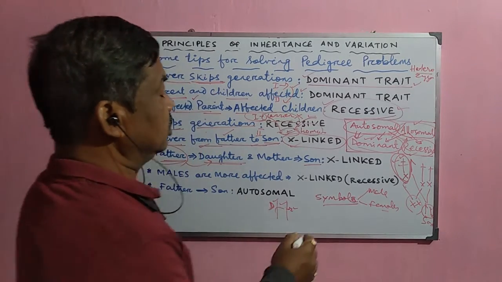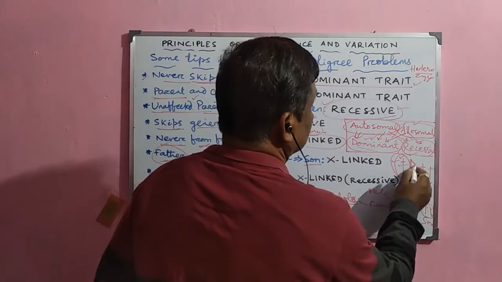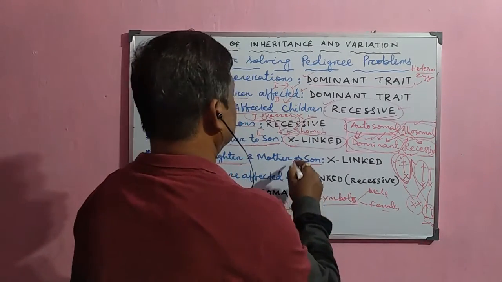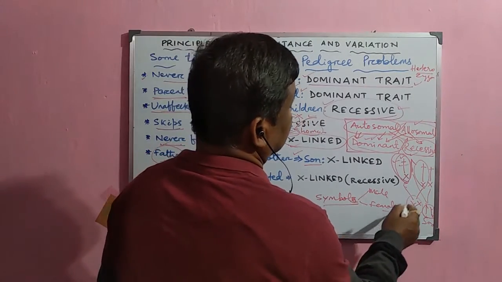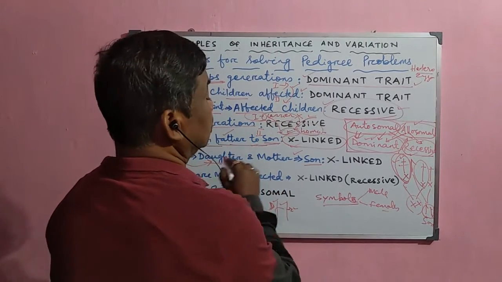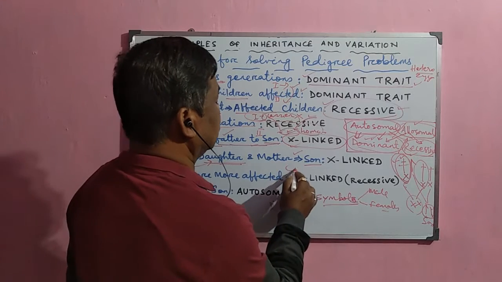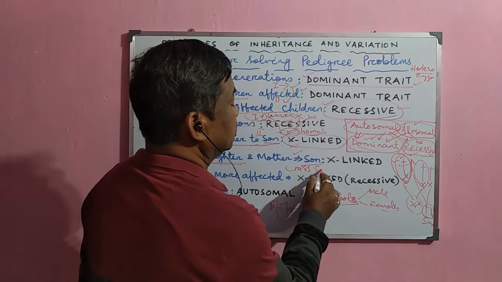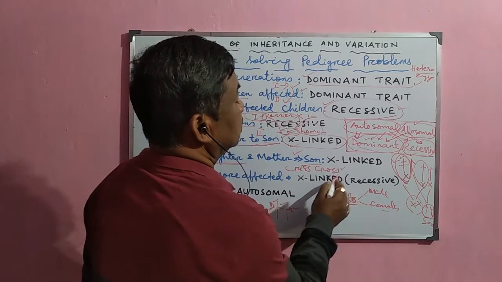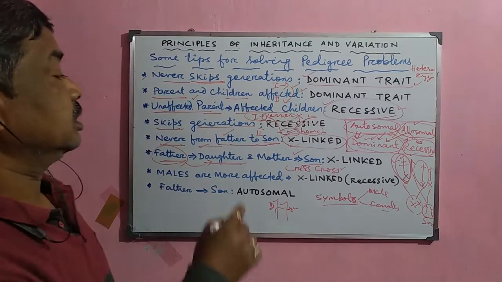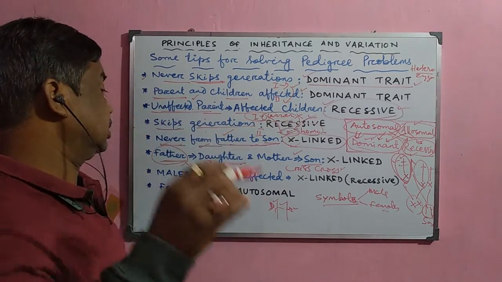And if it is in the mother, then there is a chance for the son as well as the daughter. So you have mother to son and father to daughter. It is called crisscross inheritance, and this pattern is normally observed in sex-linked disorders.